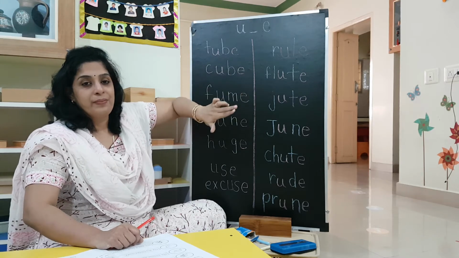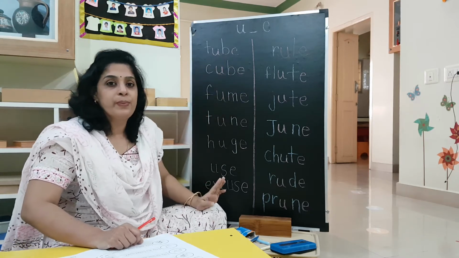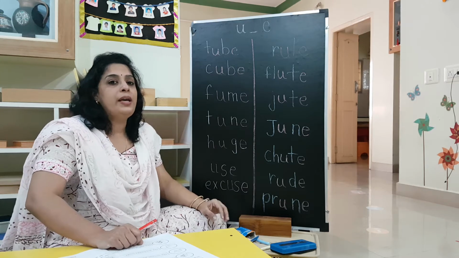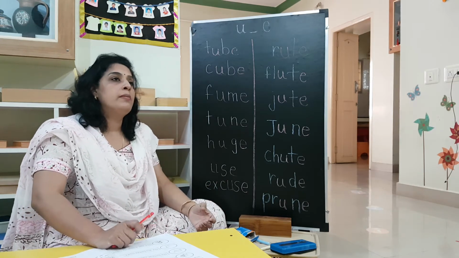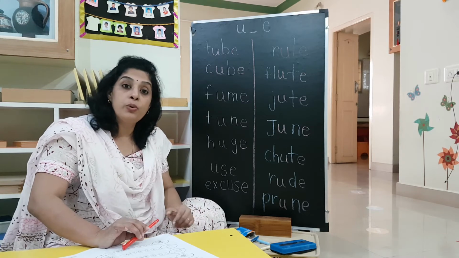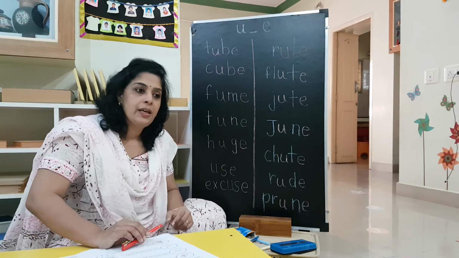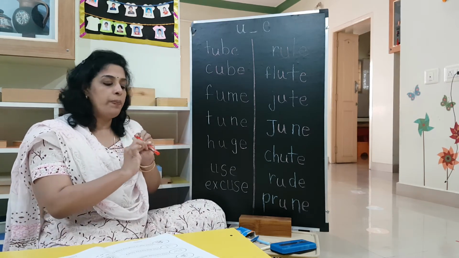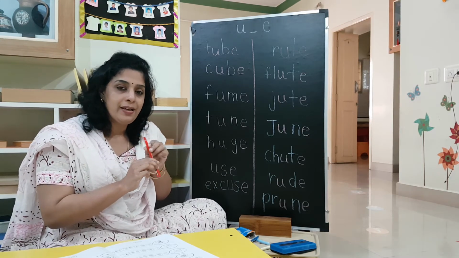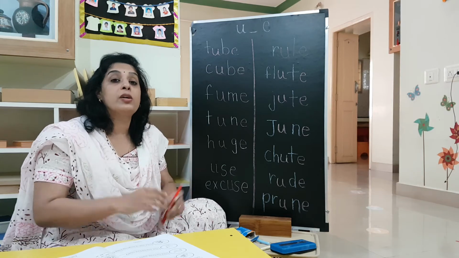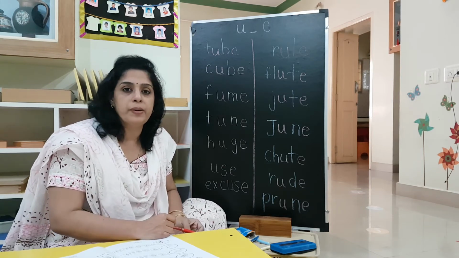Tube. Okay? Like the cycle has a tube, or there may be some tube kind of balloons. Tube is something like a hollow piece, like the straw with which you sip juice, right? You've seen that? That's what we call a tube.